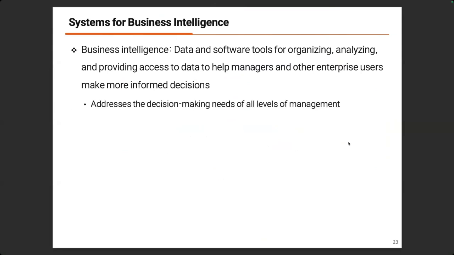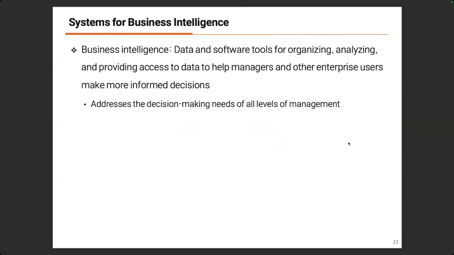Okay. So let's move on to the systems for business intelligence. Business intelligence can be regarded as data and software tools for organizing, analyzing, and providing access to data to help managers and other enterprise users make more informed decisions.